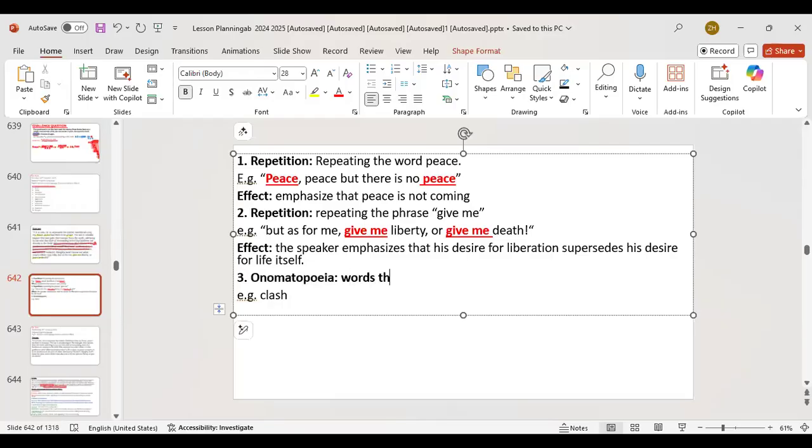So words that make sounds. That's what onomatopoeia means.